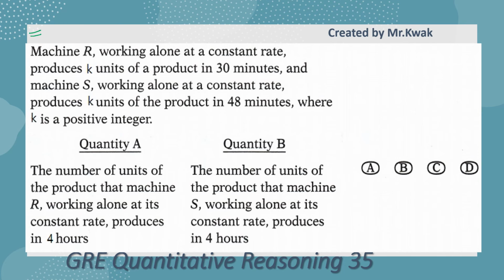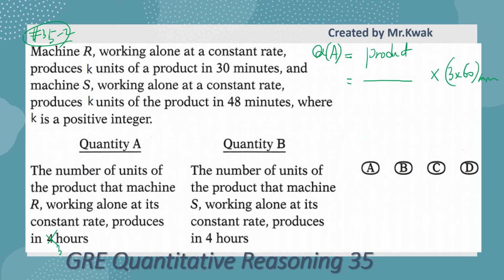Okay, guys, then what is the answer? Only this number was changed, so let's think about it. Quantity A: anyway they are asking for the number of products, so it is velocity multiplied by time, and the time was 180 minutes.